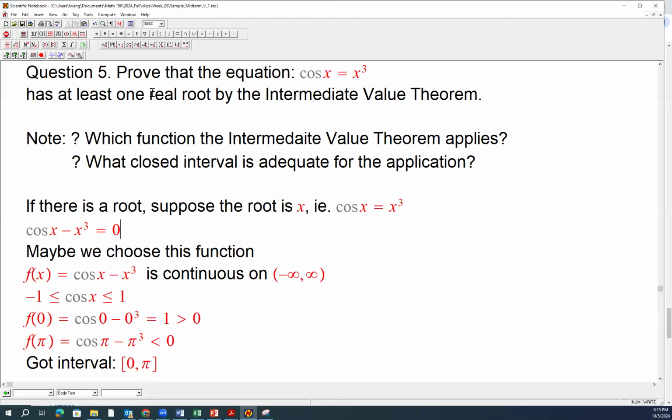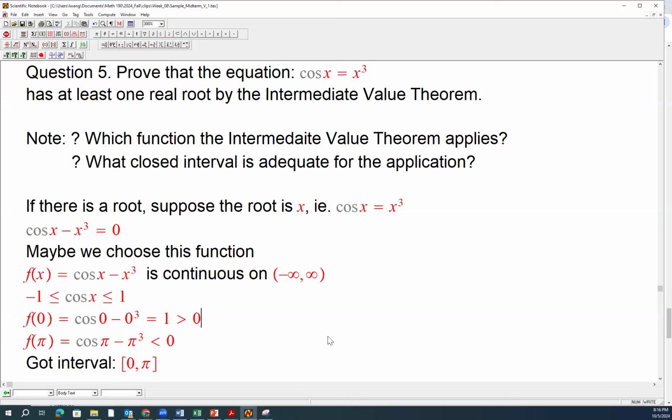That sounds a little easier to deal with. So we have identified this function. Once we have identified the function, you drop the equal to 0, because these are two different things. Equal to 0 is for some solution, but the function itself is defined over the entire number line.